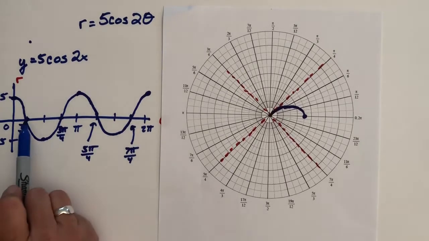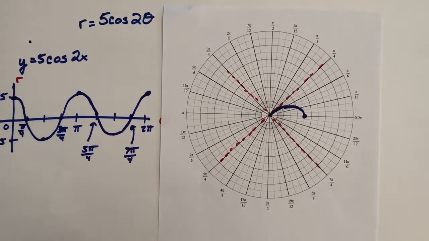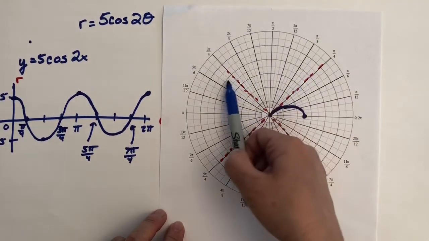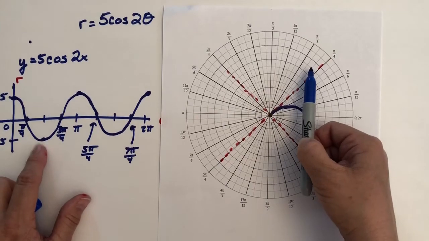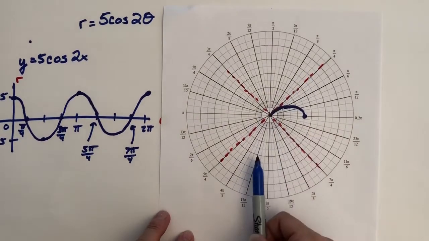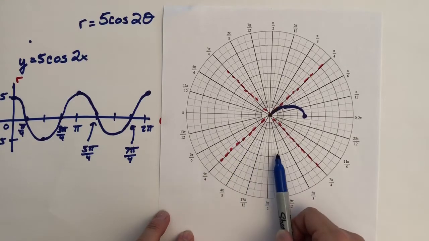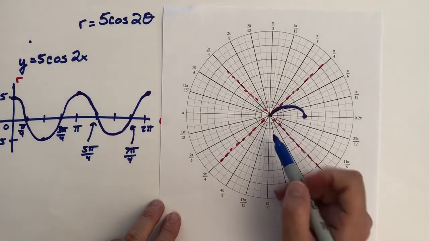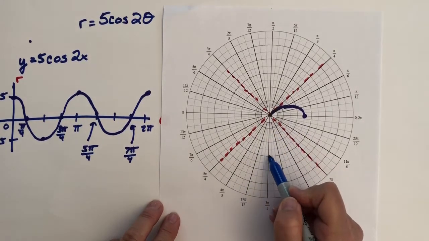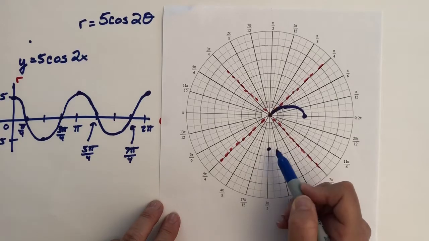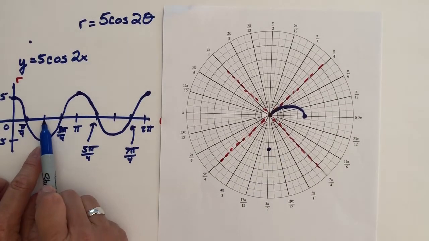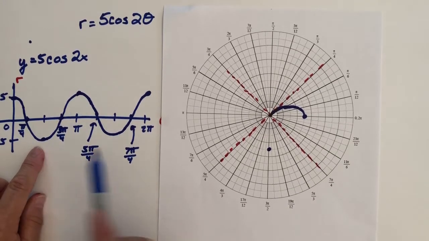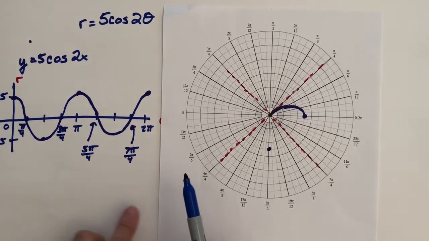Now let's continue from pi over 4 to 3 pi over 4. On our graph, pi over 4 to 3 pi over 4 is right here. But this is showing us that our values are negative, so we go across the pole. So now we're down here, and we're going to move out 5 units from the pole. So we're at 1, 2, 3, 4, 5 right here. And you could confirm that at pi over 2 you have the point -5, pi over 2.